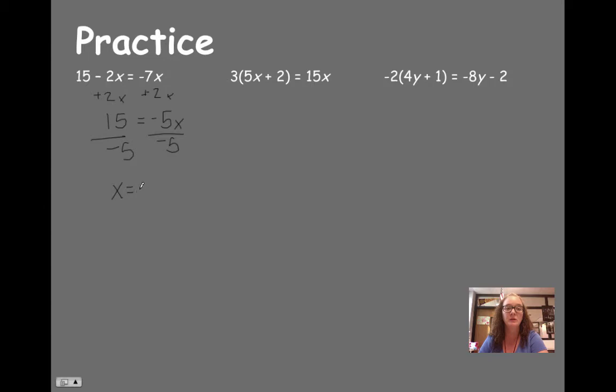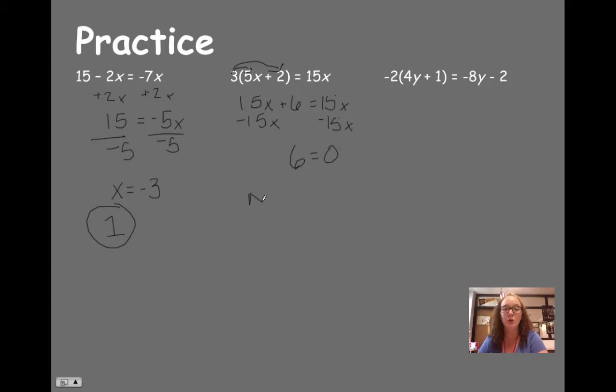This one is equal to -3, so there is one solution. Here I want to distribute. So this, I get 6 is equal to 0.